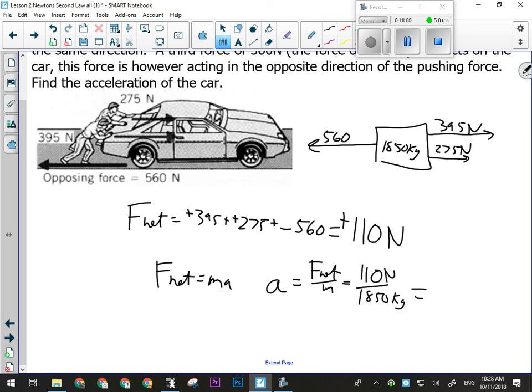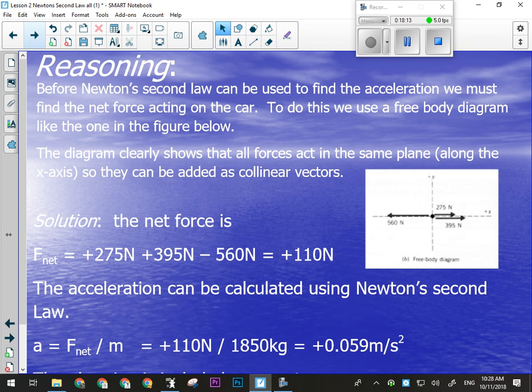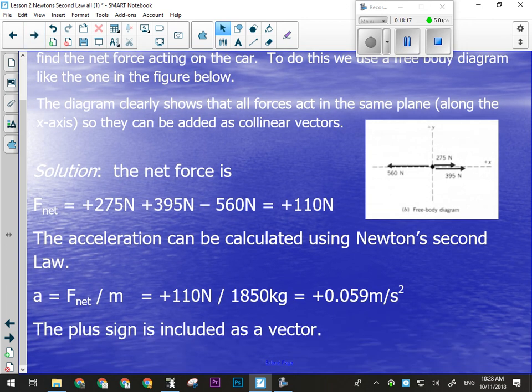So the kilograms are going to cancel, and we're going to be left with meters per second squared. Not very many meters per second squared because it's not a very big force compared to the mass of the car. So we're going to produce an acceleration of only 0.059 meters per second squared in a forward direction.